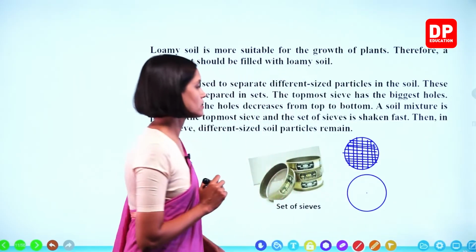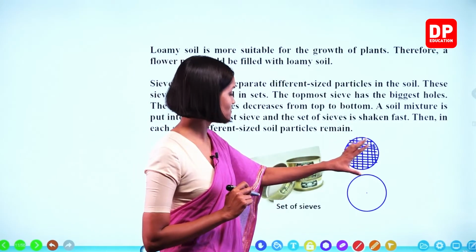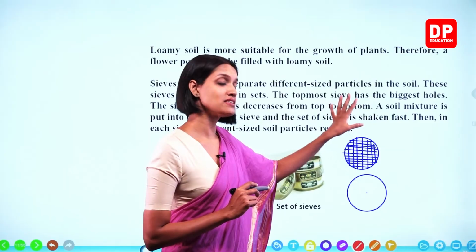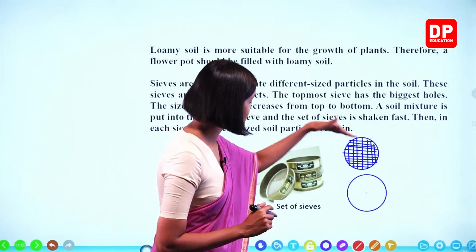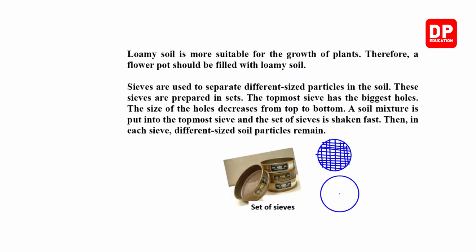Okay, so if you take the sieves, the topmost sieve has the biggest holes. The second one's holes are smaller than the top one. A little bit closer than before.